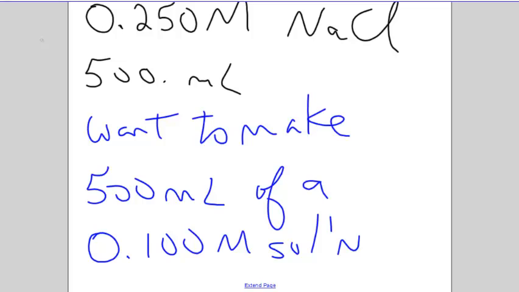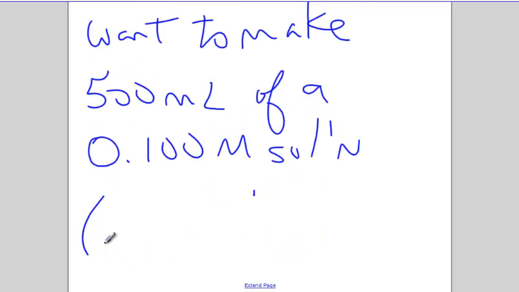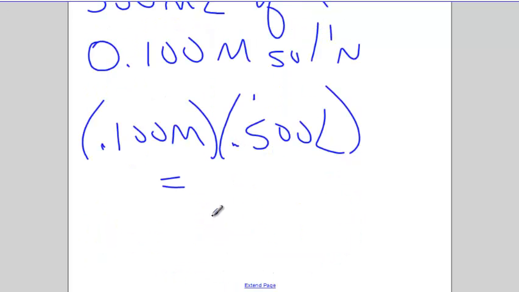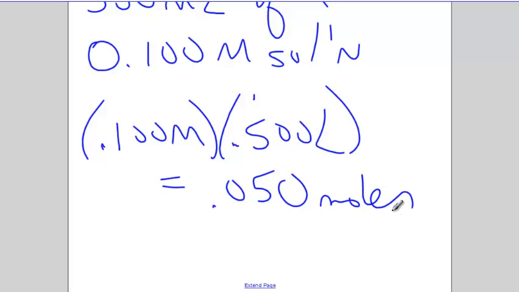So my first thought is how many moles of NaCl, just the same as I just did in that stoic problem, how many moles of NaCl is in this 500 mils of 0.1 molar solution that I want to make? So that's 0.100 molar times 0.500 liters, which is 0.050 moles of NaCl.